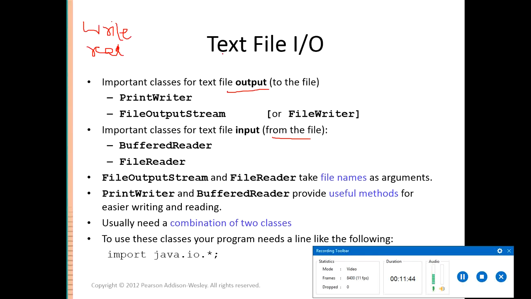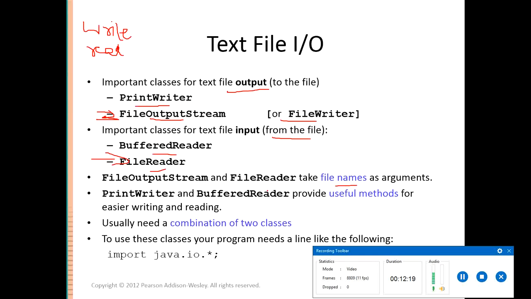Alright, so the classes required for writing into a text file are PrintWriter and FileOutputStream, or FileWriter also. Instead of FileOutputStream, you can use FileWriter. For reading from a file, you need BufferedReader and FileReader. Now, FileOutputStream and FileReader take file names as arguments.